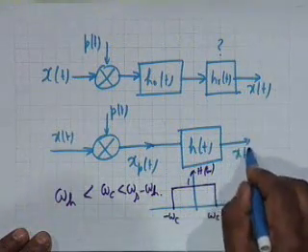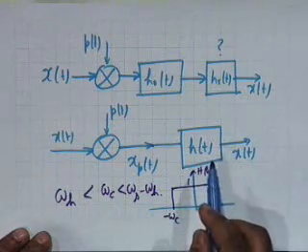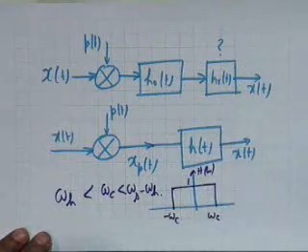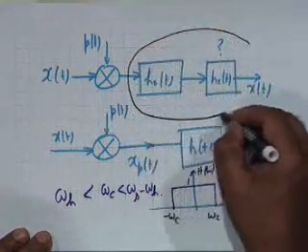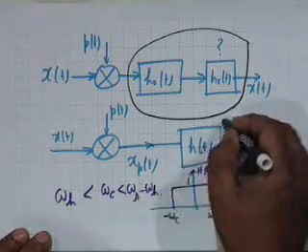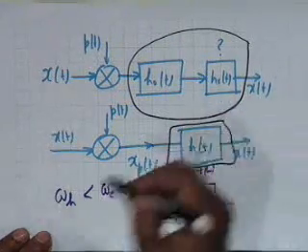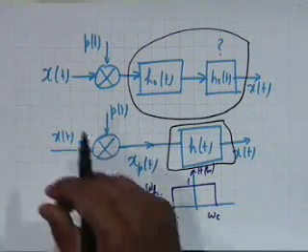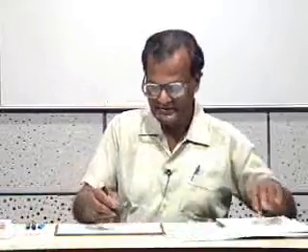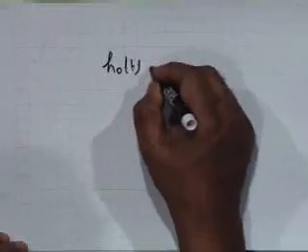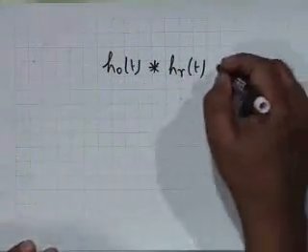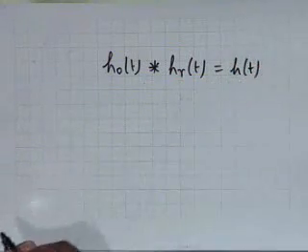The output of such a system is precisely x of t, and therefore the requirement on HR of t is such that this cascade should behave exactly the same way as this block of h of t. Isn't that right? And therefore, for recovering this signal, our requirement is that h naught of t convolved with HR of t should be equal to h of t.